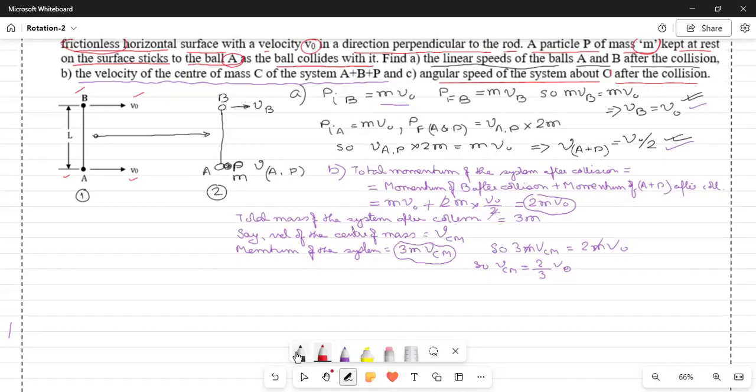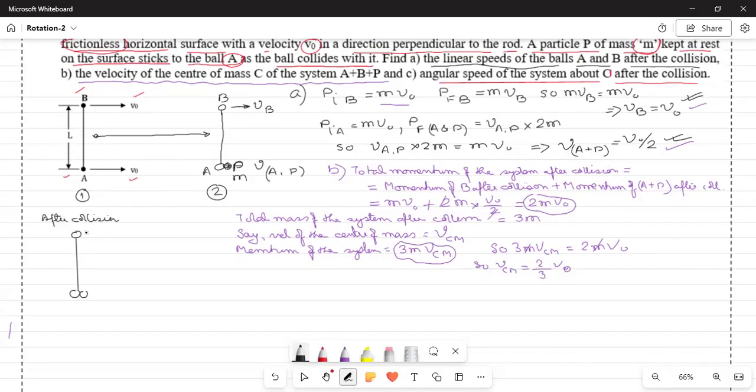What will happen actually if you really see after collision? The dumbbell has two masses here.